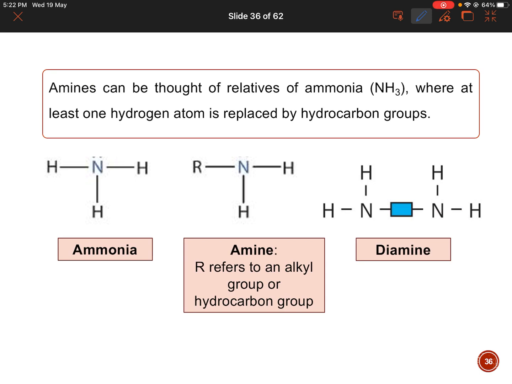On the left, I have ammonia, and an amine is when one of the hydrogens is replaced by a hydrocarbon group, maybe CH3, and then H, H. So this is an amine group. Then a diamine is when both ends have an amine group.